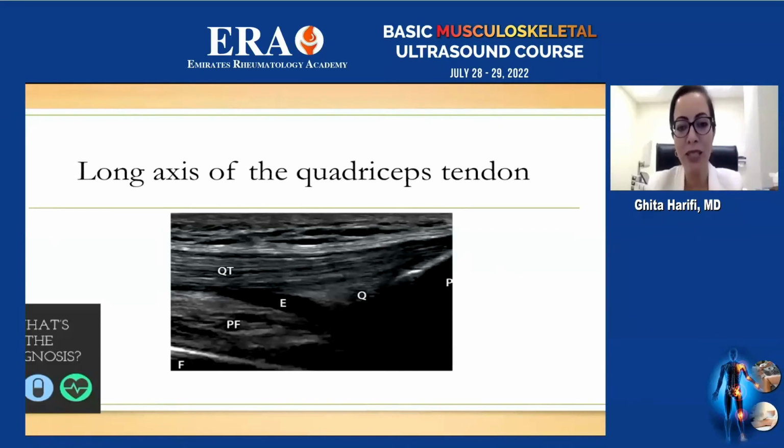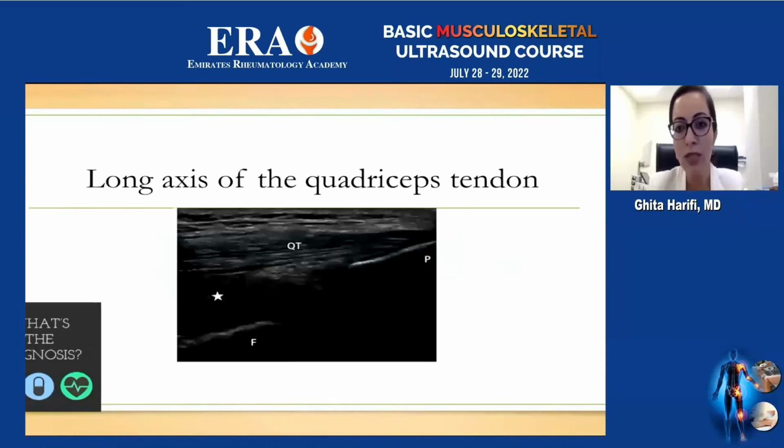What we see here is obviously the quadriceps tendon, the quadriceps fat, the prefemoral fat, and between them you have this hypo or anechoic material, which is actually joint effusion in the subquadriceps recess. So that's basically a simple one.